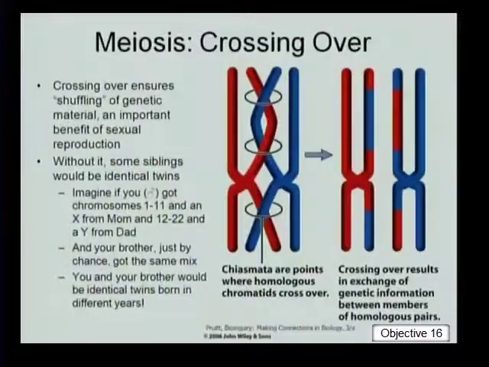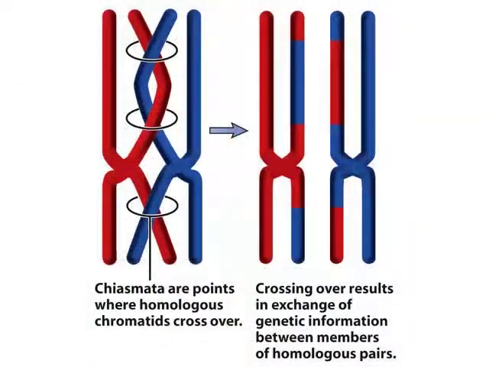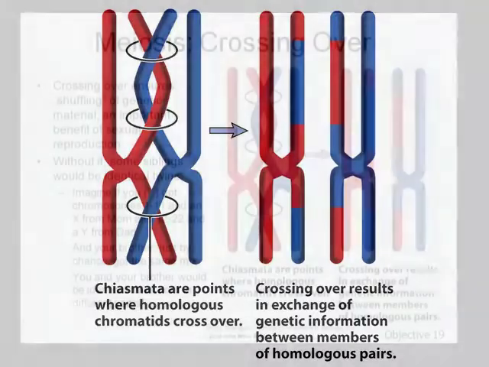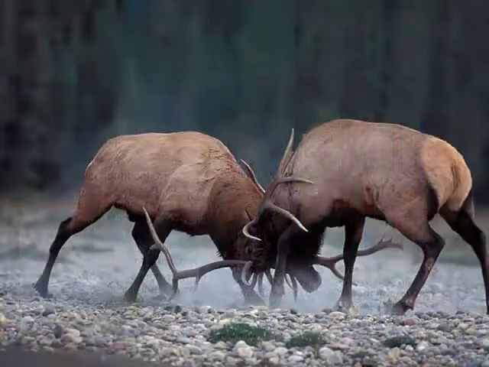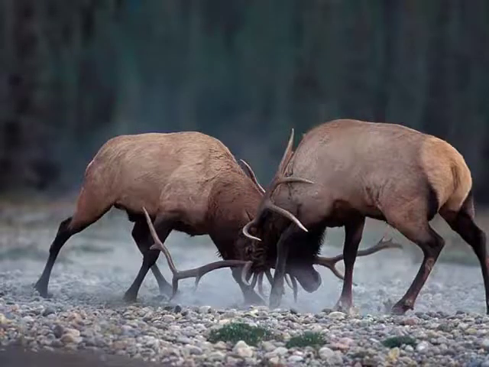This crossing over ensures that there's shuffling of genetic material, which is an important part of sexual reproduction. Again, making an evolutionary argument, if you think about it, animals undergo a lot of risk to go through the process of sexual reproduction. Sexual reproduction is a really good time to get killed. If you're a hunter, when is it that you go out and hunt elk or deer?